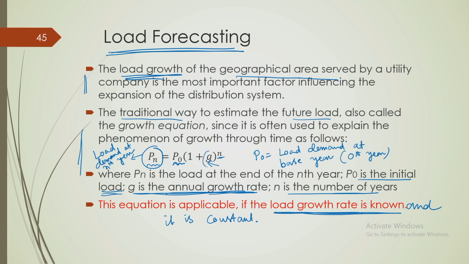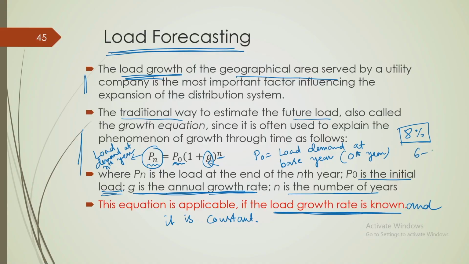We cannot say that load will always grow at 8% for the next 15 years. It may vary from some value like 6 to 10, depending upon the particular country or area you are talking about.